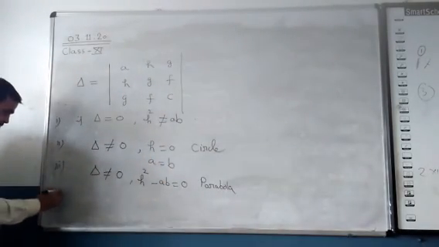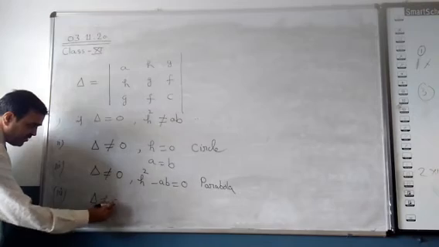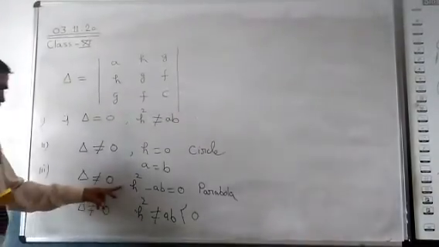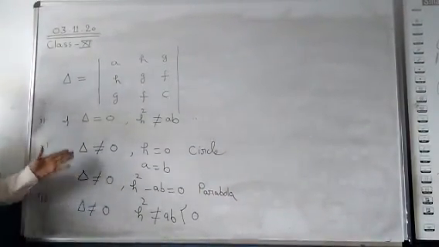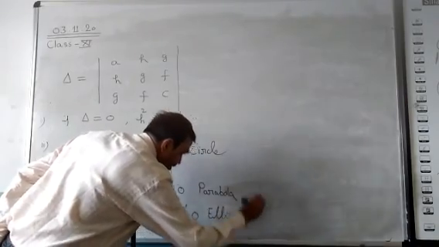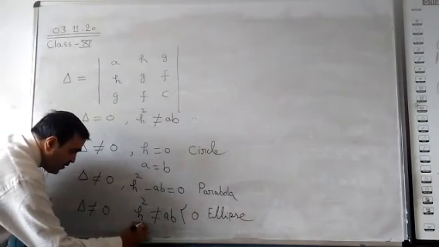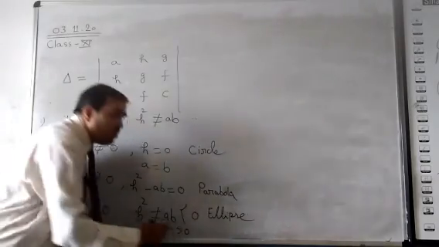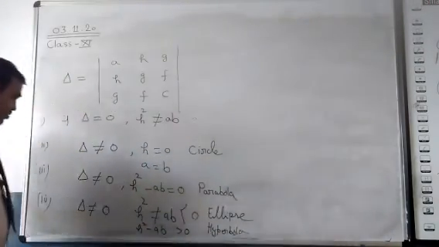Next, delta is not equal to 0 and h square minus ab is less than 0, shows an ellipse. And last, delta is not equal to 0 and h square minus ab is greater than 0, shows a hyperbola.